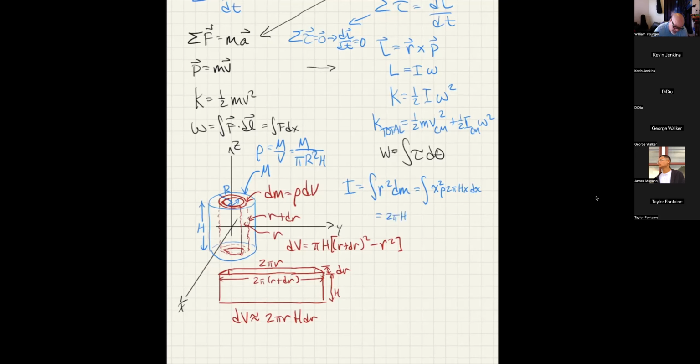The h is a constant, and the rho is a constant, so those can come out front too. So now I'm going to have the integral of x cubed dx from x equals 0 to big R. I think that integral is pretty easy. I guess y'all can figure out what it is. It would be 2 pi h rho times R to the fourth.